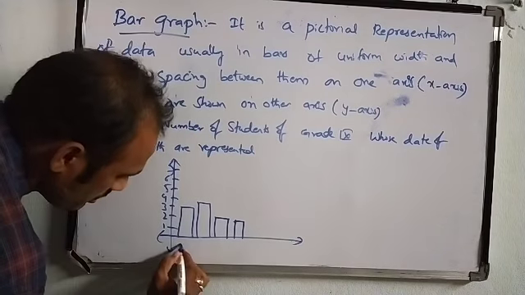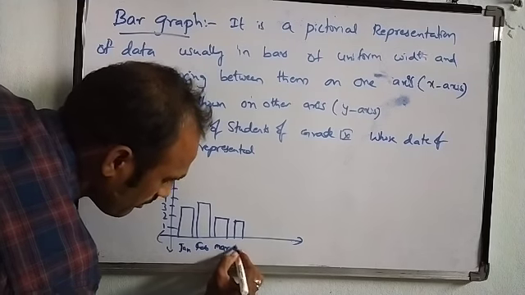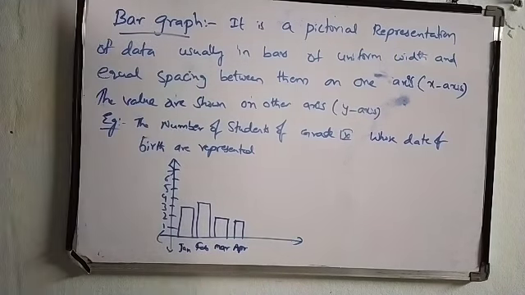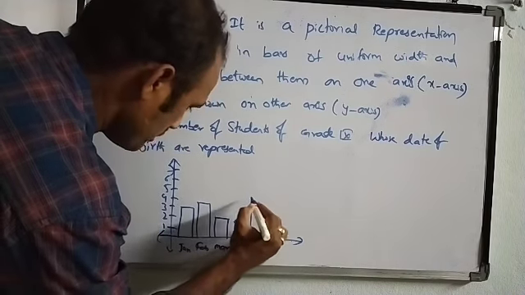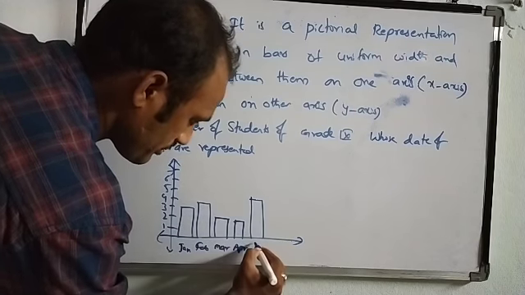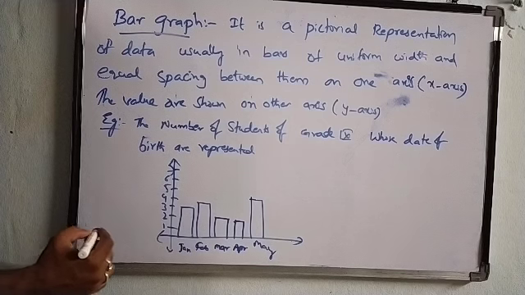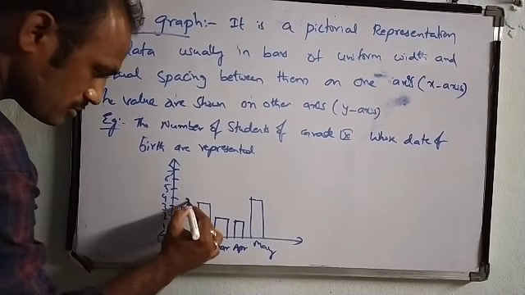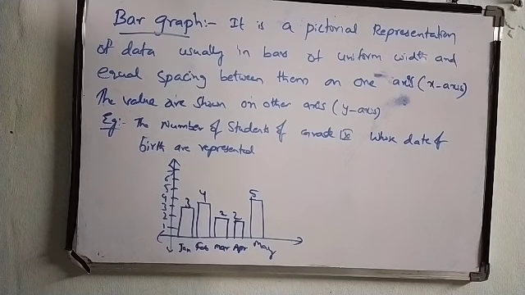So it is about January, February, March, April. In May the count is 5 students. So this is 3, 4, 2, 2, 5. And in June we have only 1 student, July 2 students.